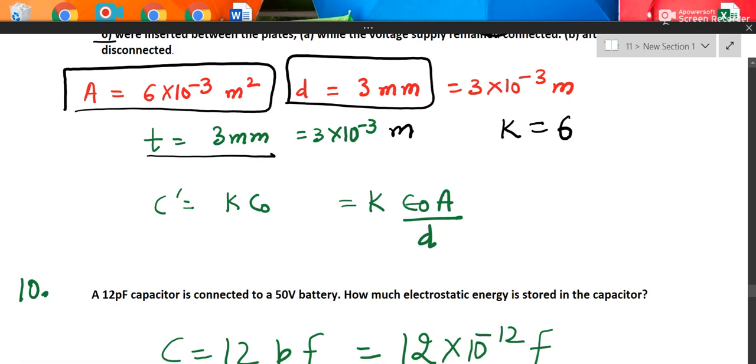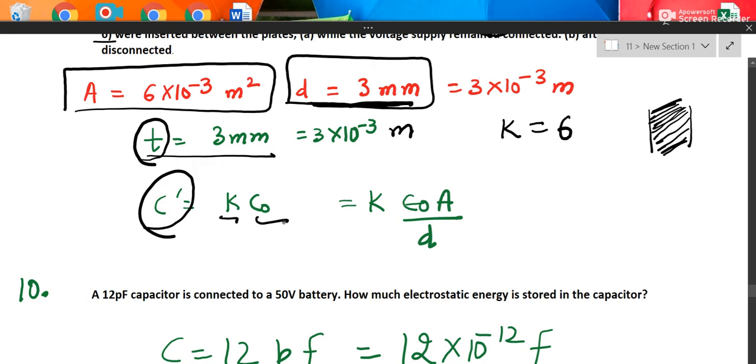Because the thickness and separation are equal, the capacitance becomes 6 times, that is, K times.